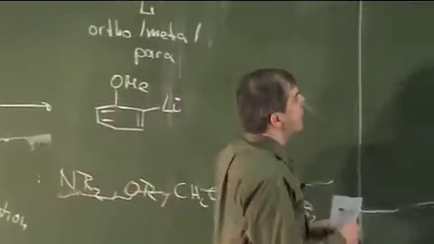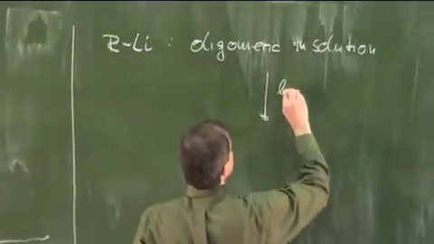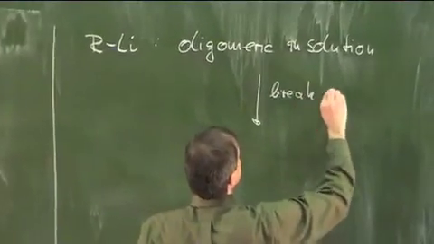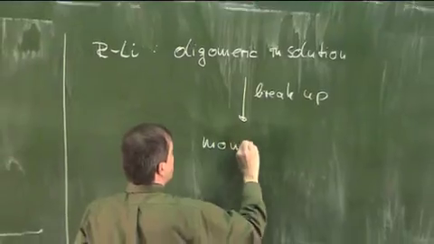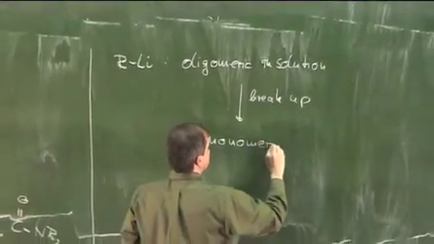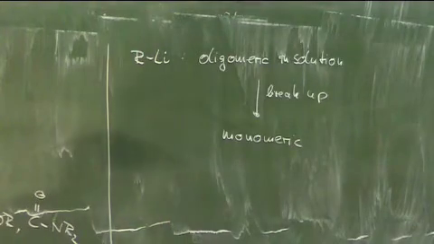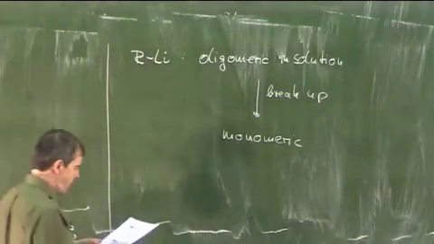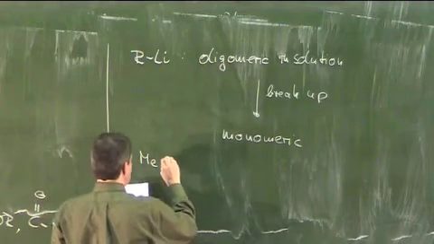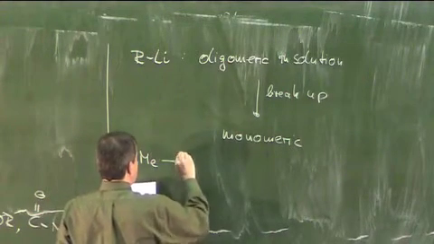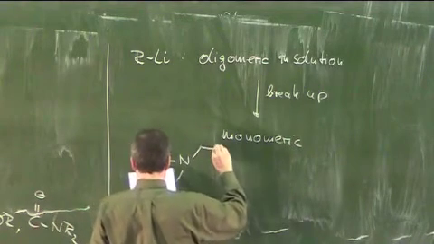And so very often you need to break up, to go from the oligomers to the monomers. And there are a couple of reagents which will allow you to break up these compounds, these oligomers. And I will draw three very famous ones.